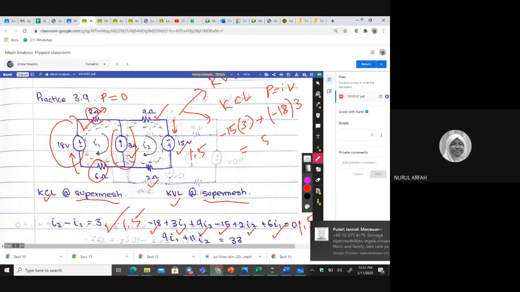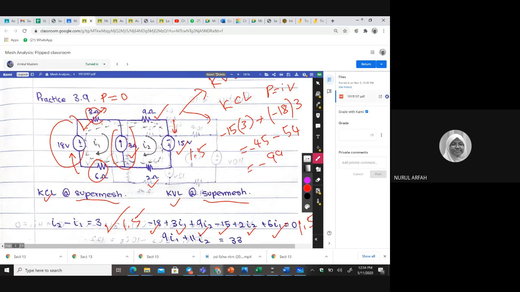This is 15, 45, and this one? 54. And you have negative 99, right? Yes, madam. And this is the power dissipated.